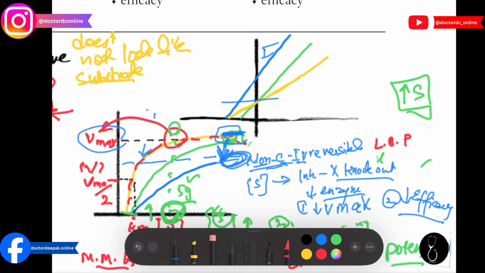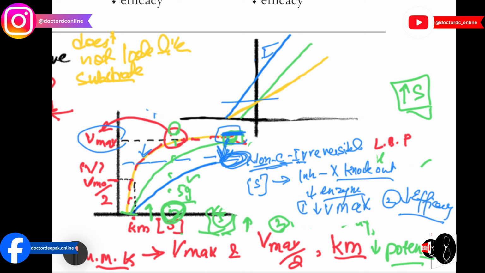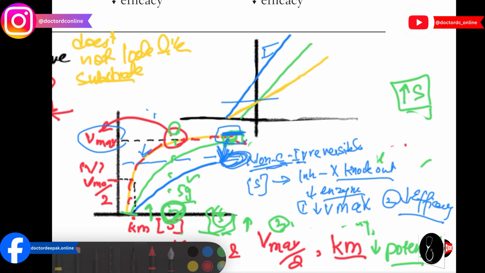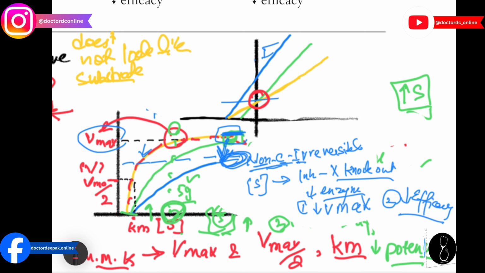And now we will talk about all these points with the Lineweaver-Burk plot chart. The Lineweaver-Burk plot is the presentation of a hyperbolic curve as a straight line. If you remember, the point where the line crosses the y-axis is equal to Vmax.